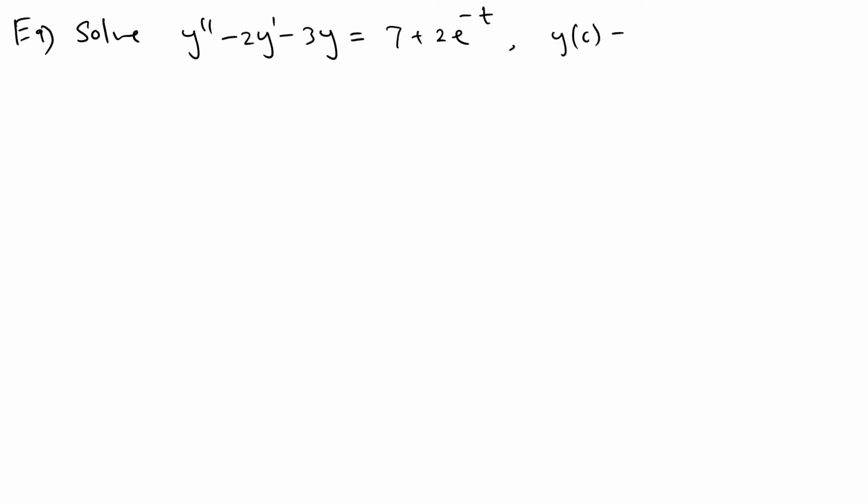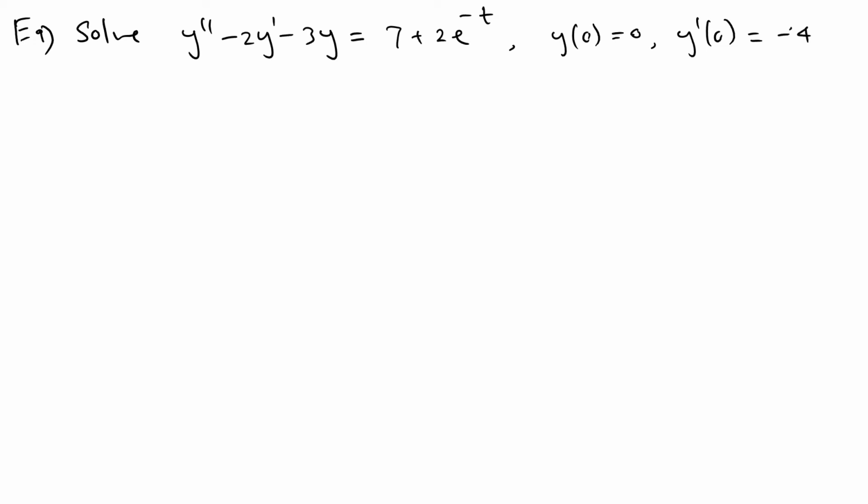Solve y double prime minus 2y prime minus 3y equals, let's say, 7 plus 2e to the negative t, along with y(0) equal 0 and y prime (0) equal negative 4. Okay, let's put some numbers.